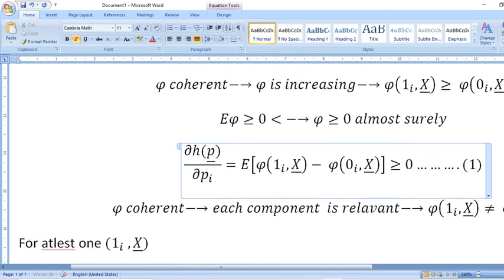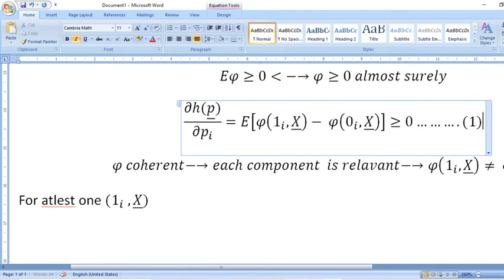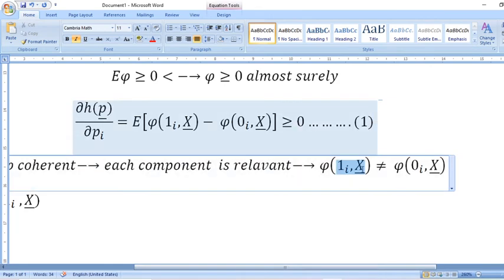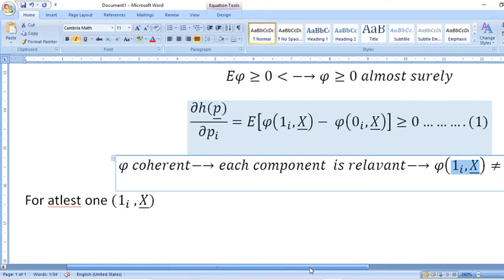Again, we have one more piece of information: phi is coherent. That means each component is relevant. That means for at least one configuration 1 I comma x, phi of 1 I comma x is not equal to phi of 0 I comma x. Such components are called relevant components. Okay.